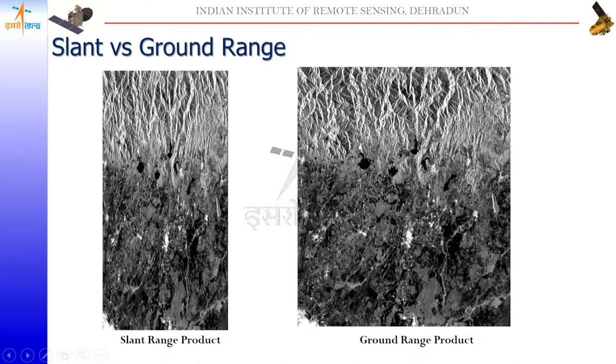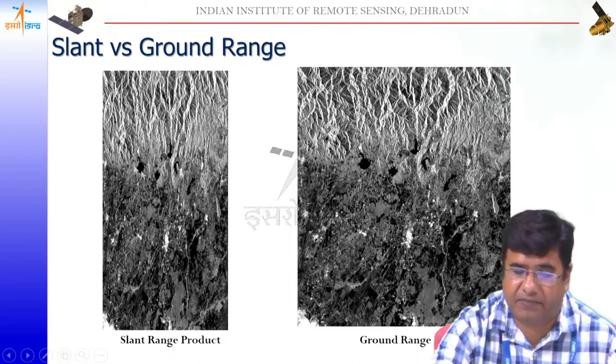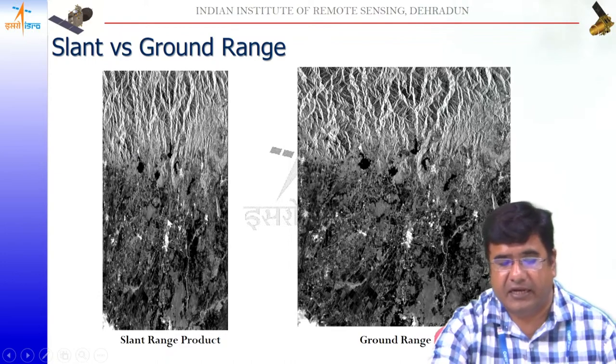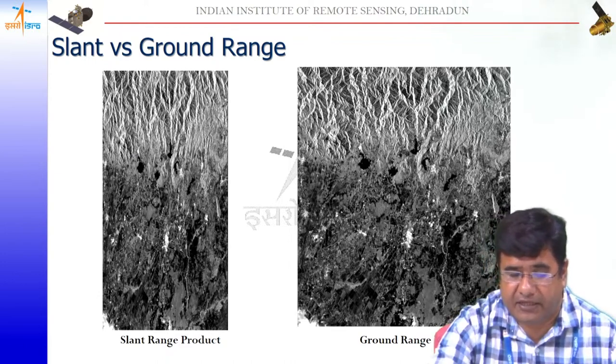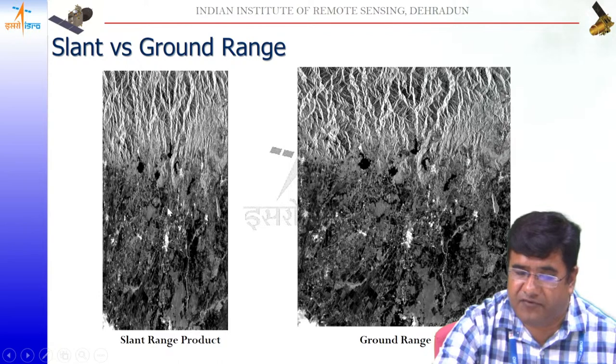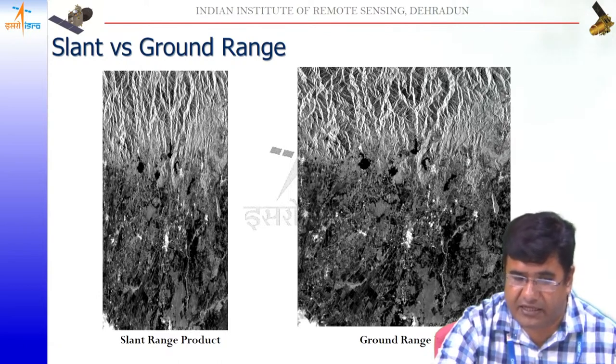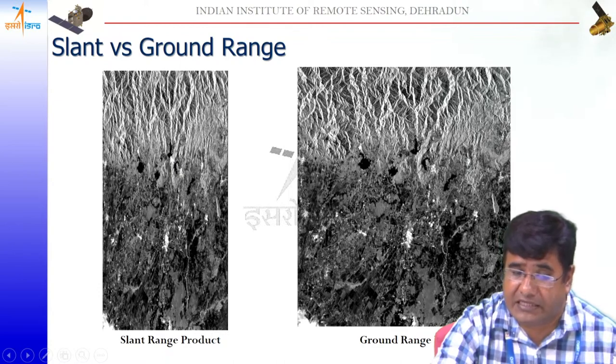There you can see there is a compression in the data because it is not in the square pixel size. Every feature you can see is like a compressed image. It depends on the incident angle. If the incident angle is lower, then there will be more compression. If the incidence angle is high, there will be lesser compression.